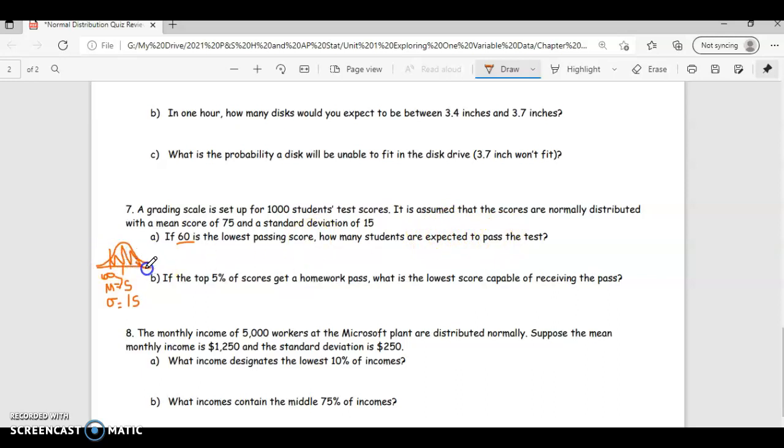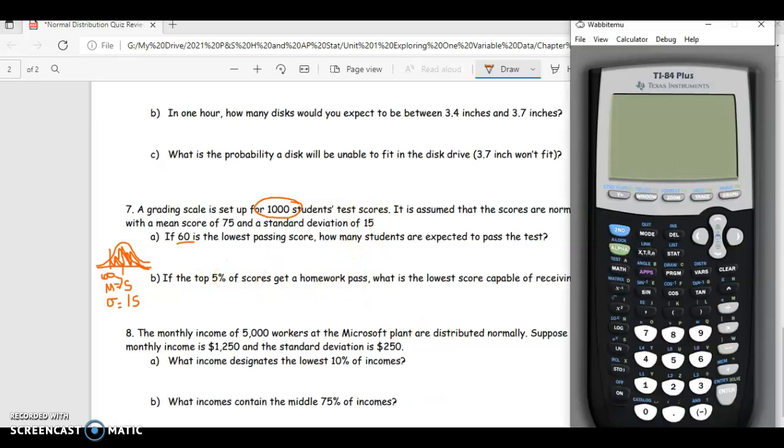So I'm going to shade above 60. So all of these students, 60 or better, are going to pass this test. So first I need to find, well, what is this shaded area? What percent of the curve is this shaded area? And then I'm going to use that percent in 1,000 to figure out how many kids are going to pass. So in the TI-84, if you have the app, to find normal CDF, you go to second VARS.